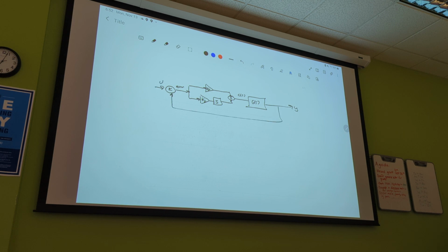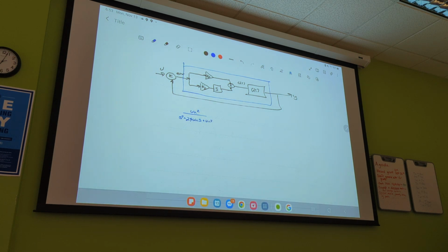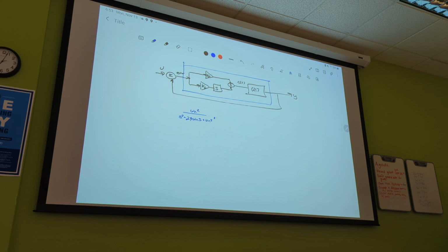Okay. So it's the same approach, and we need to figure out what the multiplication of these two is, right? We have the original transfer function, which was omega n squared over s squared plus 2 zeta omega n s plus omega n squared, and then times this controller here, which is going to be Kp plus Kd times s.